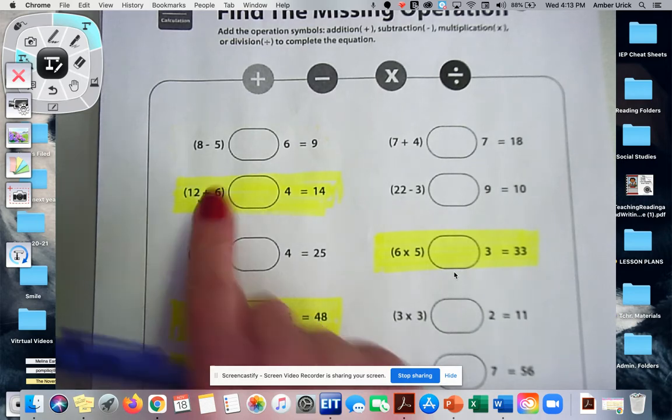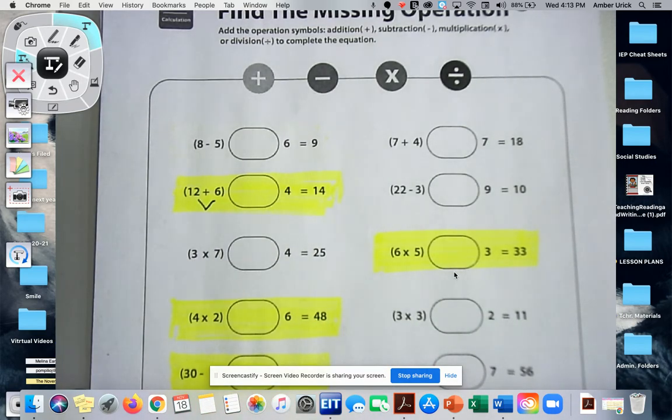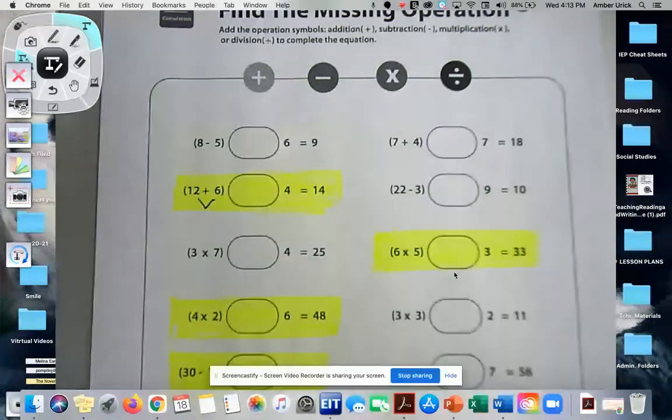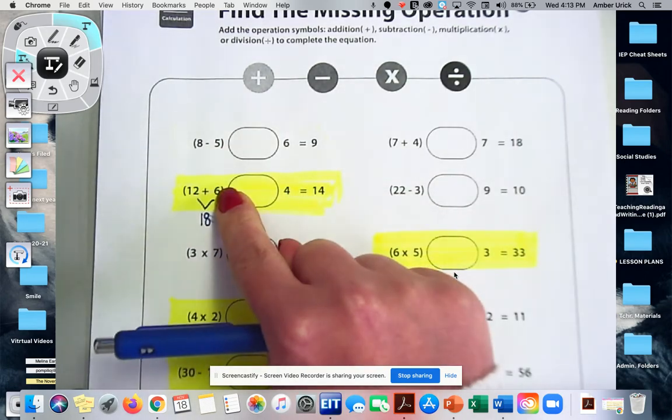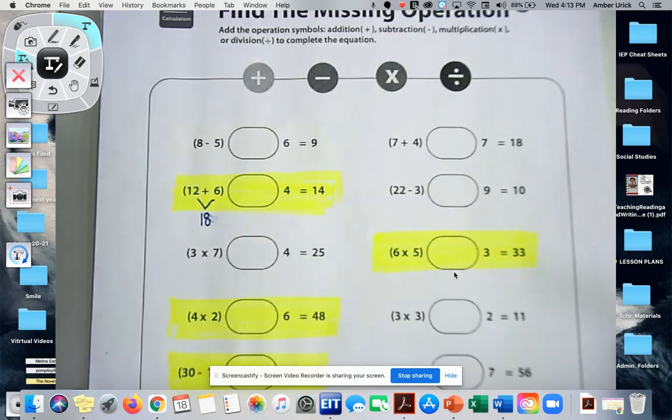So 12 plus 6. What is 12 plus 6? I'm going to give you a second. I hope you said 18. They're 18. So I'm going to grab those together and go. And 12 plus 6 is 18.